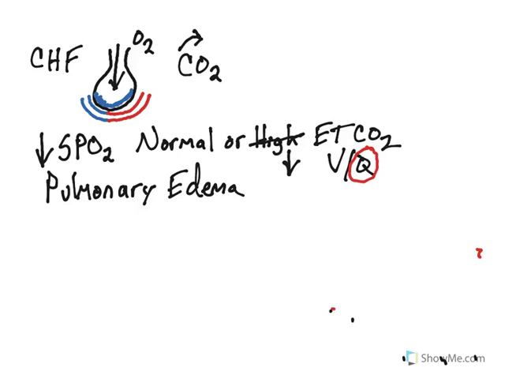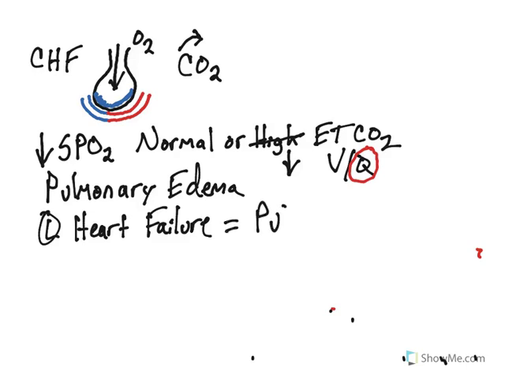The reason is that when we see left-sided heart failure, that equals pulmonary edema. That's because that blood gets backed up into the vasculature, and then that pressure pushes some of that interstitial fluid back into the alveoli. And so that's why we see that pulmonary edema.